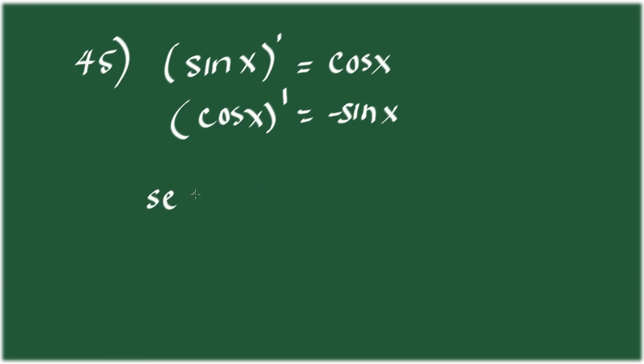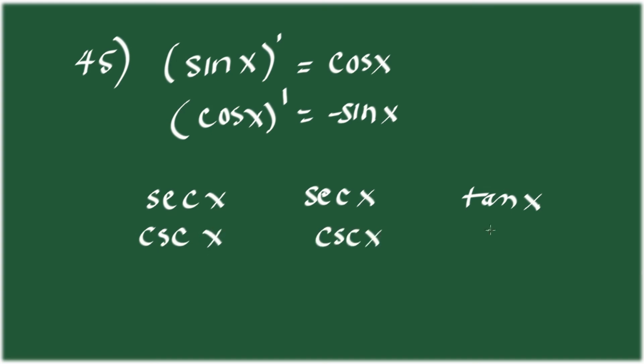Okay, so if we write down secant x, tangent x, and then the corresponding cofunctions of these three, cosecant x, and then cotangent x. So what I'm showing you right now is a way to memorize the derivative of the other 4 trigonometric functions.